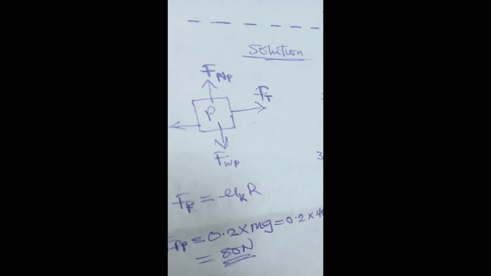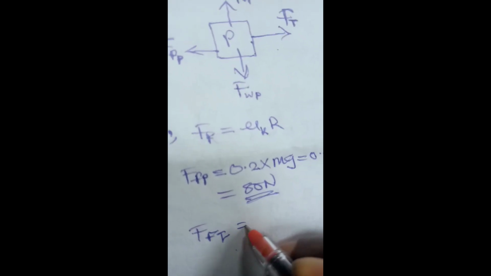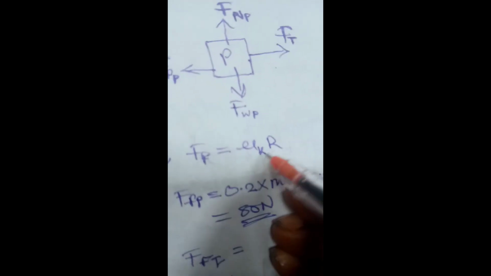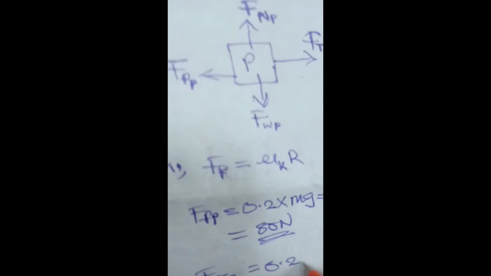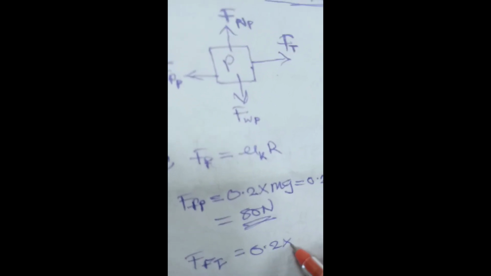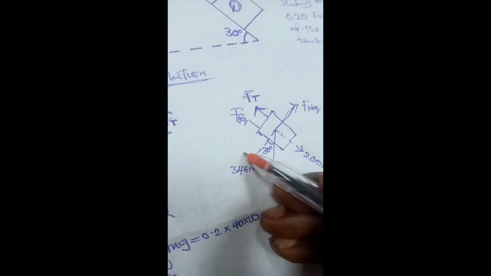Now let's calculate the friction opposing the movement of Q. That's going to give us F_fQ, and the same formula is applicable. That's going to give us 0.2 times, but here now, remember, we are using the force we calculated with this.